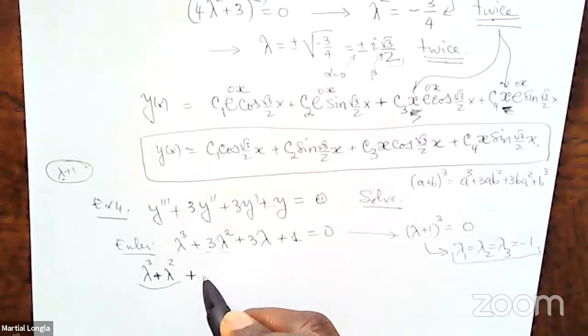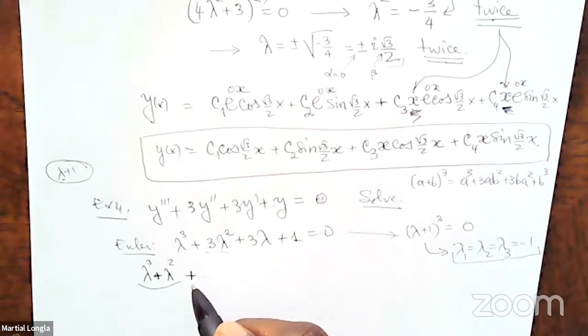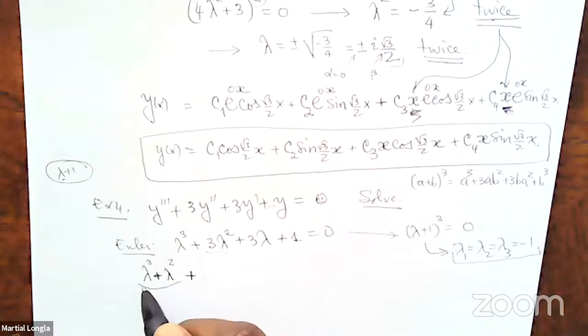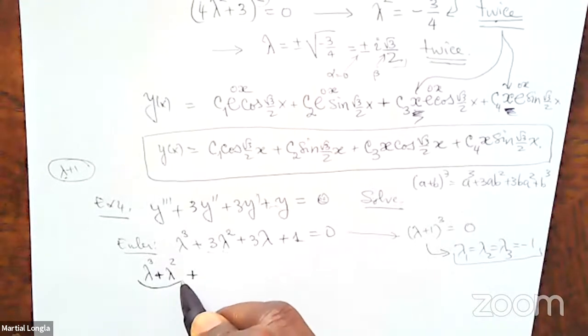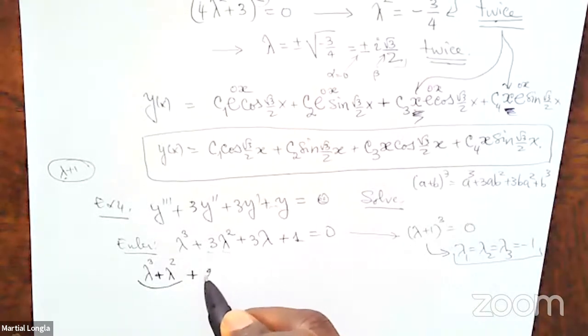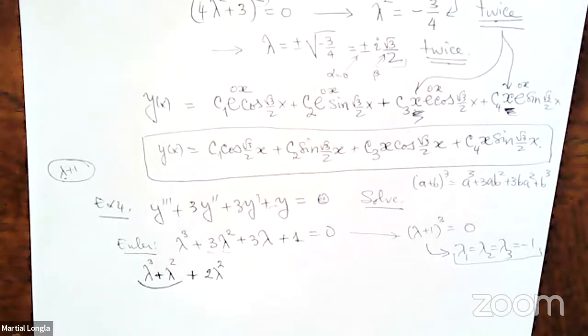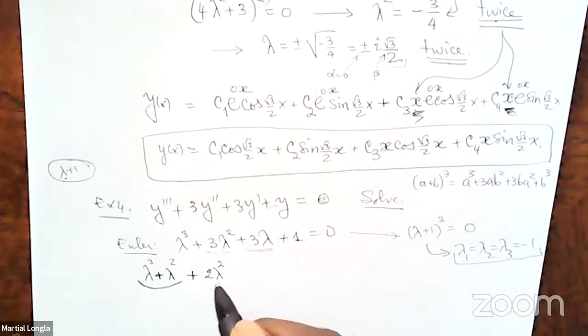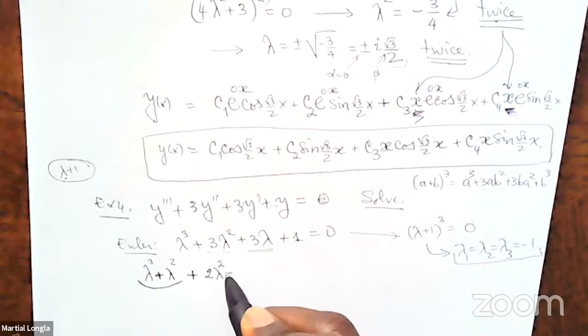Am I making sense? It's better you follow me and not write anything, but understand what I'm doing, instead of trying to write while I'm doing it and not understanding what's going on. So there were 3 lambda squared. I took 1 here to make sure that I can factor out lambda plus 1, and I remain with 2 lambda squared. My goal from the beginning was to group terms 2 by 2. So I'm going to head to the next term and take enough of it to add here to make sure I can factor out lambda plus 1.